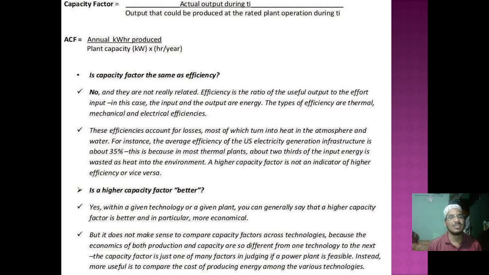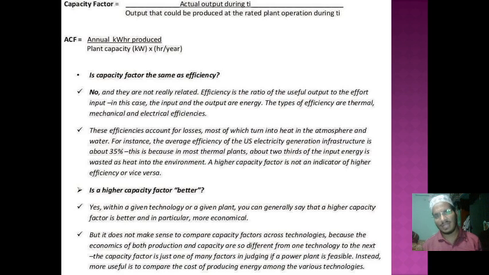Capacity factor is the actual output, how much output we take from the power plant, divided by the output that could be produced at the rated plant operating during that time.